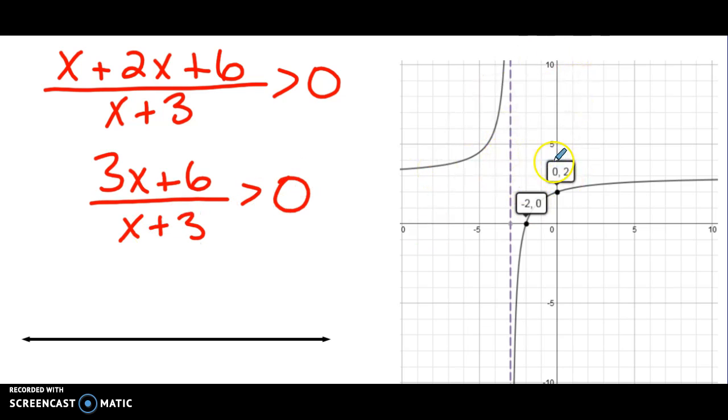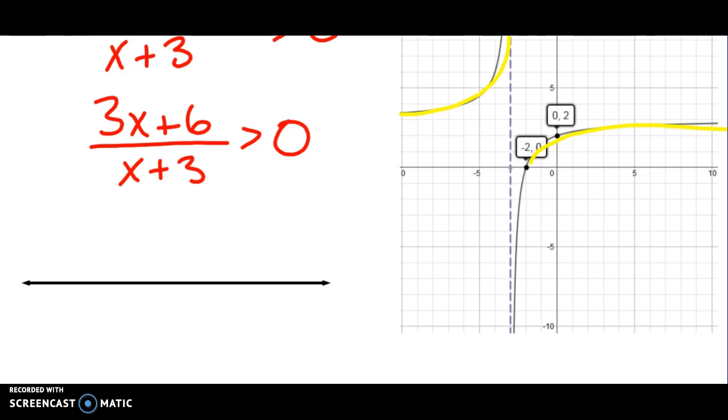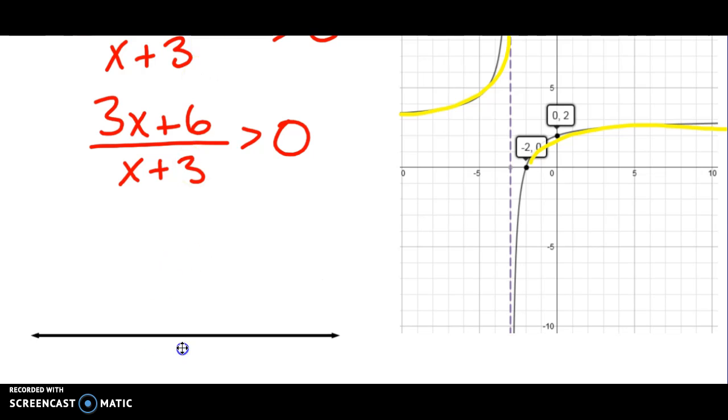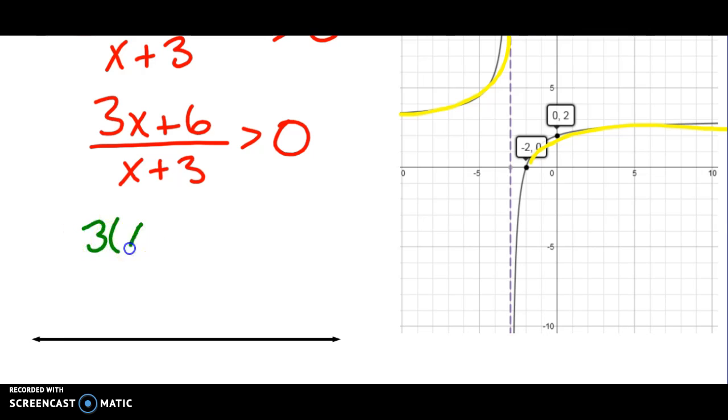This is the graph here, and we see that values of y that are greater than 0 lie left of negative 3 and to the right of negative 2. So algebraically, to find those solutions, we would factor this numerator. So we have 3 times (x plus 2) over (x plus 3).